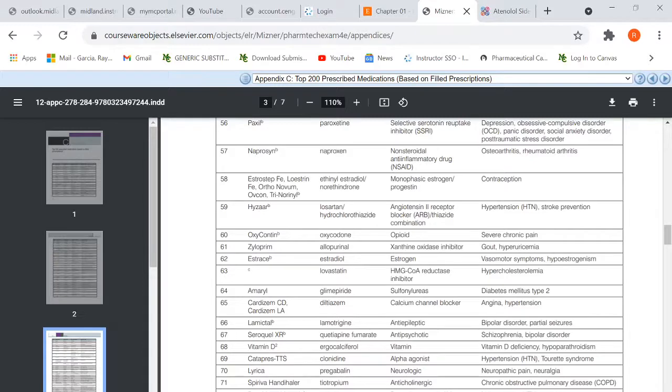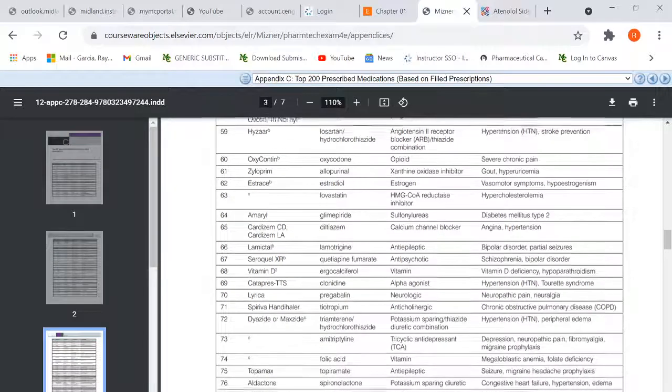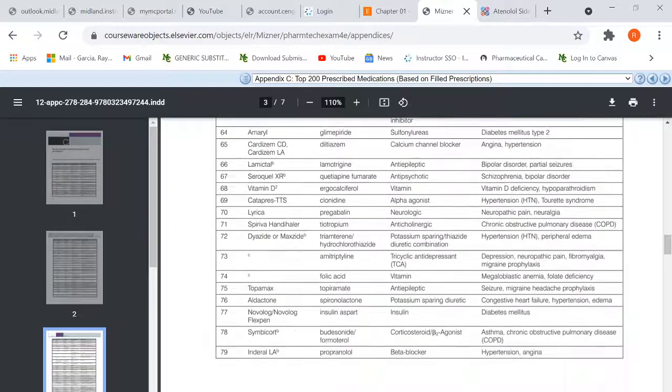Another reductase inhibitor, lovastatin, again for hypercholesterolemia. Here's a beta blocker, propranolol, number 79. Also, again, for hypertension and angina.